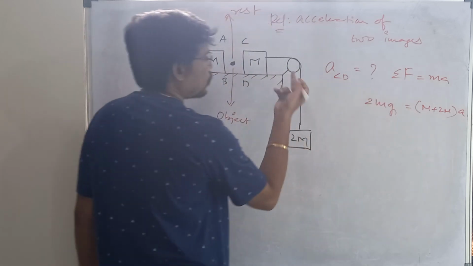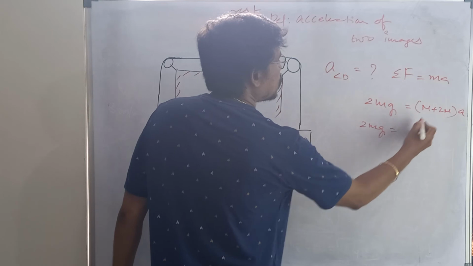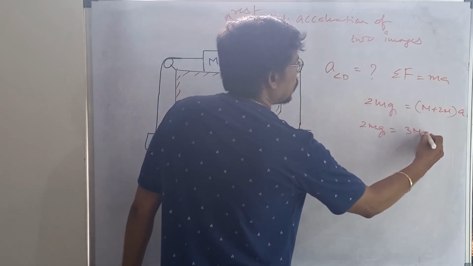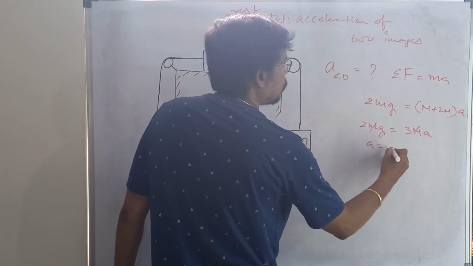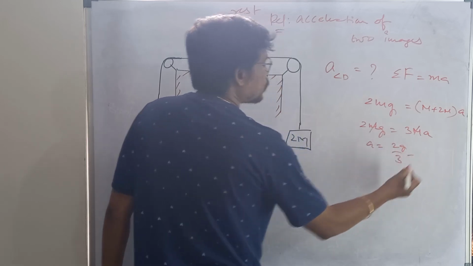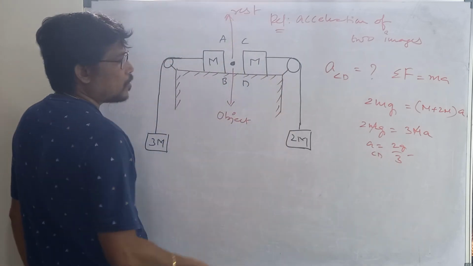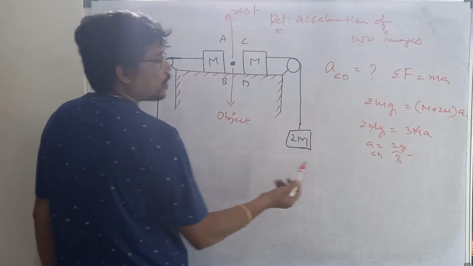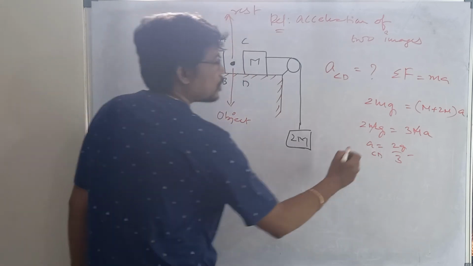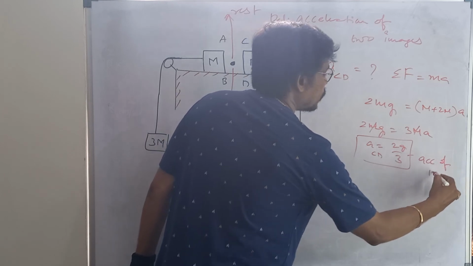So 2mg is equal to 3ma. The m gets cancelled, a is equal to 2g by 3. So this is the acceleration of the mirror, the reflecting surface, for CD.